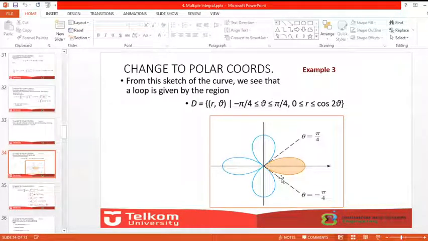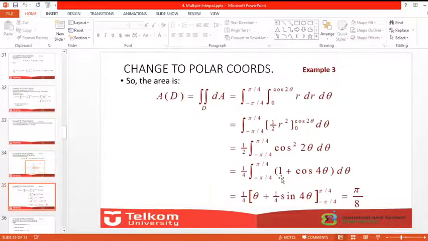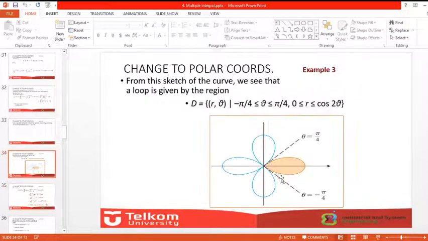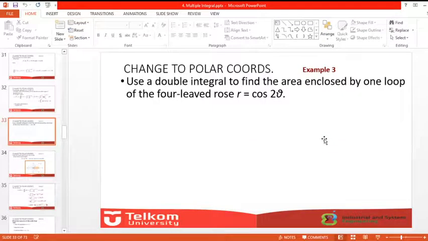So in here one of the loops is this one. So means that the angle is from minus p over 4 to p over 4. Why can we get from minus p over 4 until p over 4? Since in here we have r is cos theta.